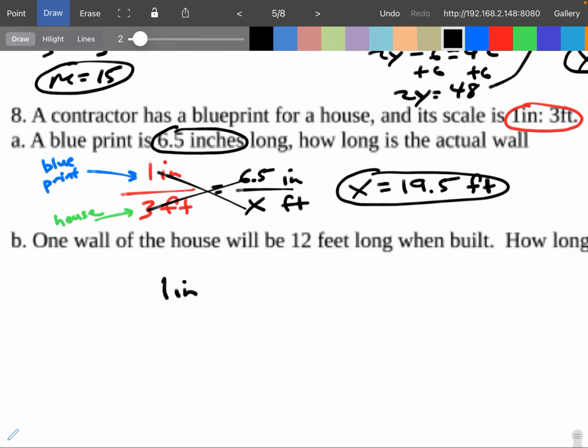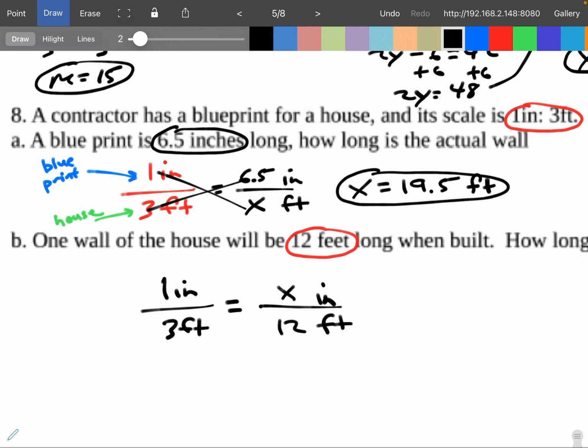Then we're going to use the same scale factor for part B. In part B, we still have 1 inch in the plan is the same as 3 feet in the actual house. We set that equal to, and this time we're given 12 feet. Again, the other ratio also has to be in inches over feet.